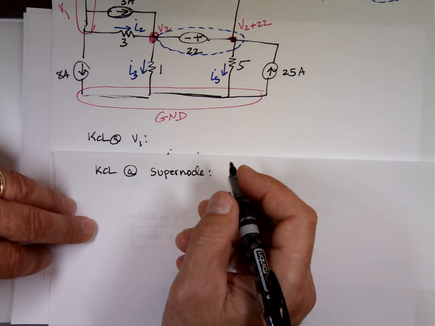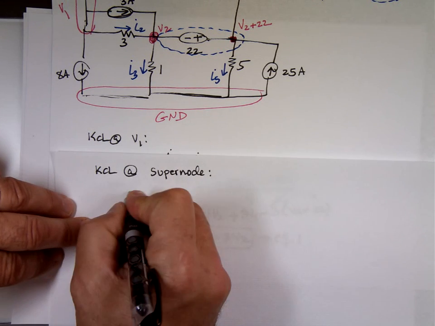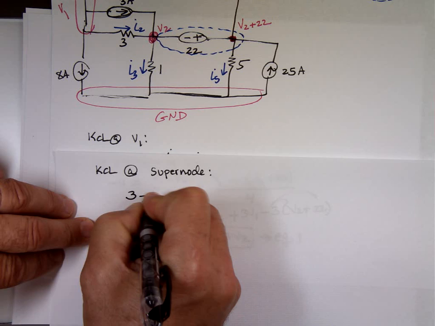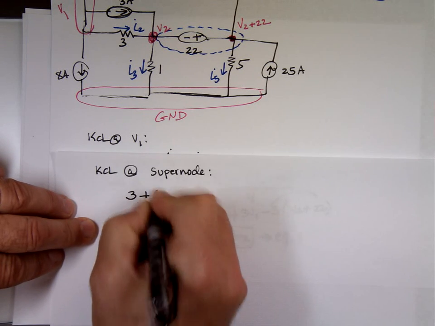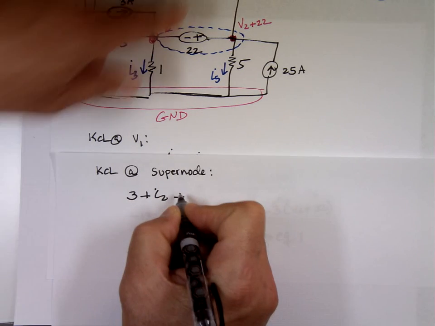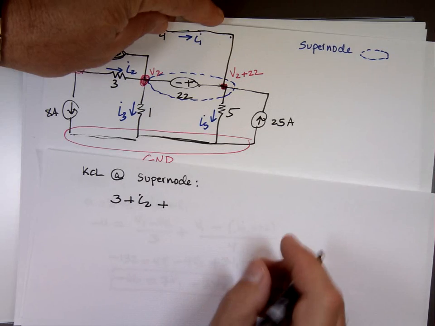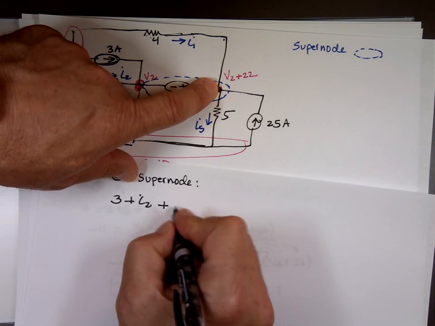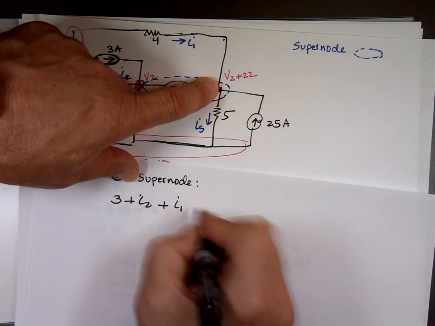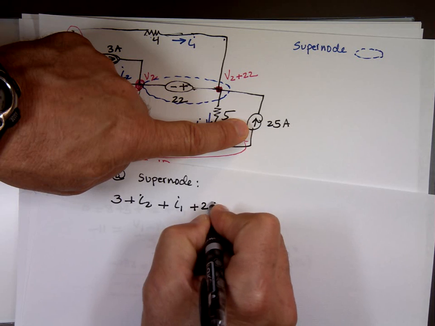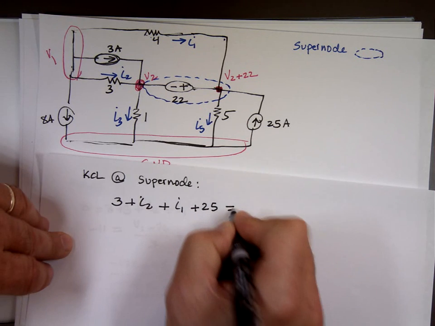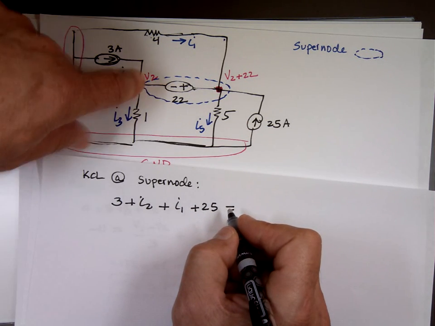I see 3 amps going to it. I see I sub 2 going to it. I see I sub 1 coming from the top. Do you see I sub 1? It's going to it. I see the 25 going to it. And what's leaving? 3 and 5.